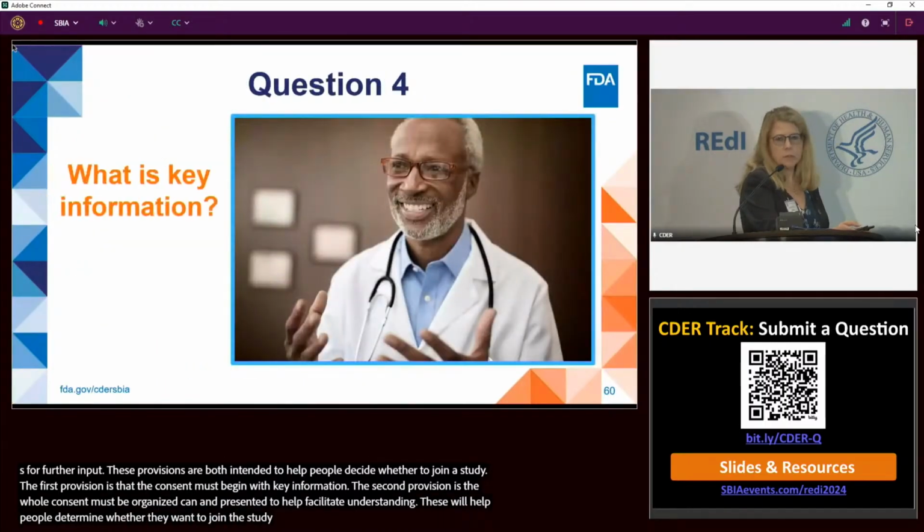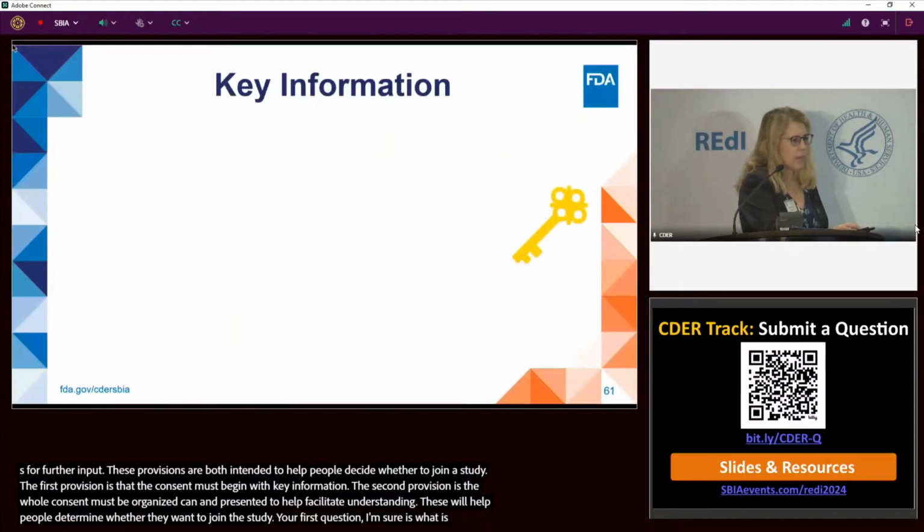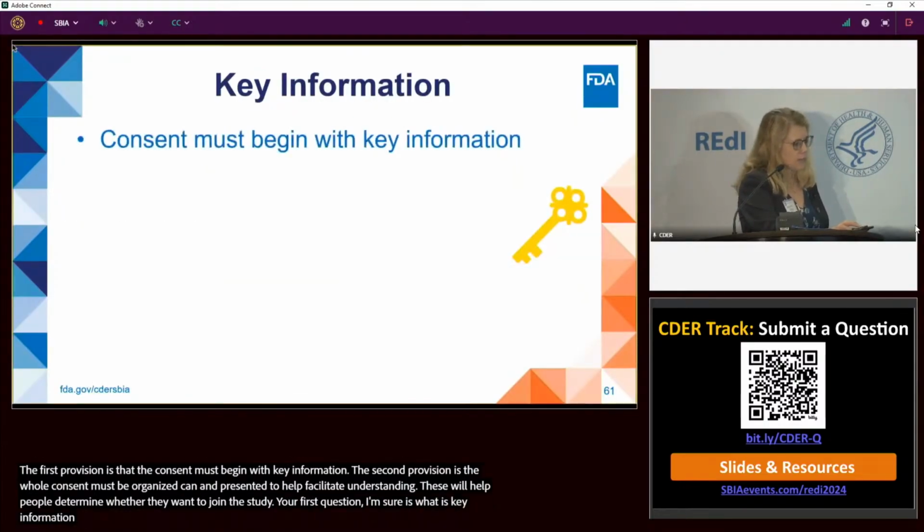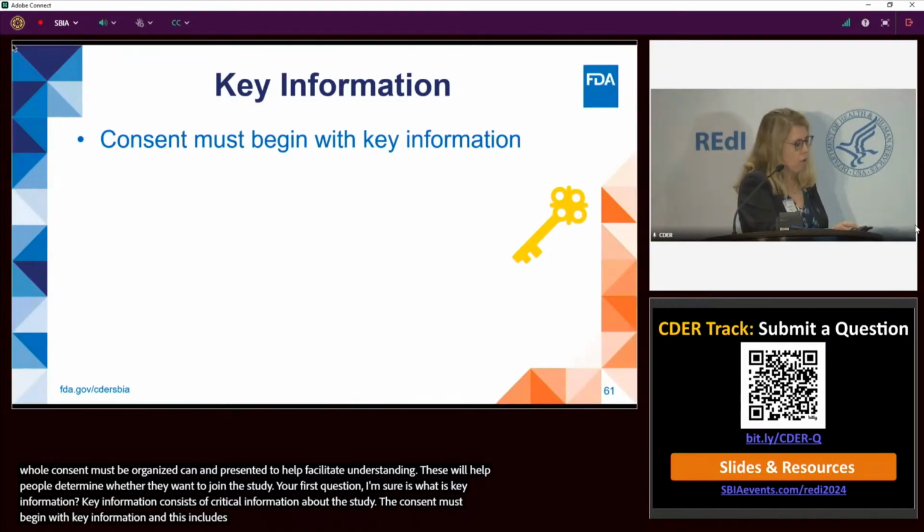Your first question, I'm sure, is what is key information? Key information consists of critical or key information about the study. The consent must begin with key information. This includes written, electronic, or the oral consent process.